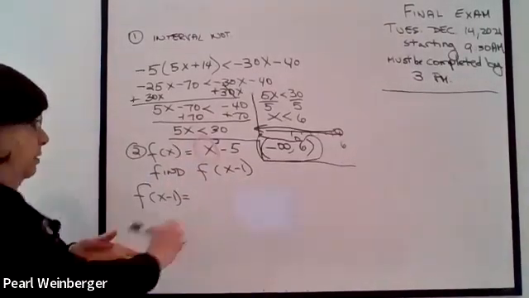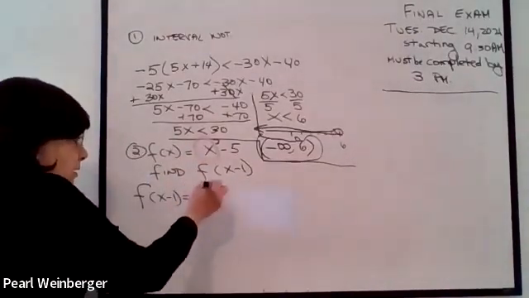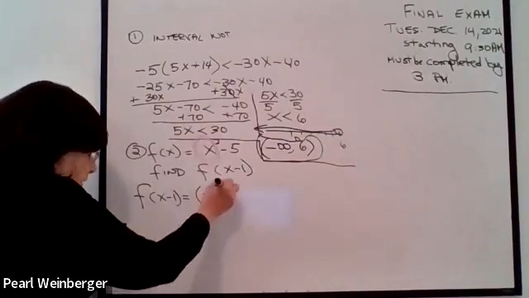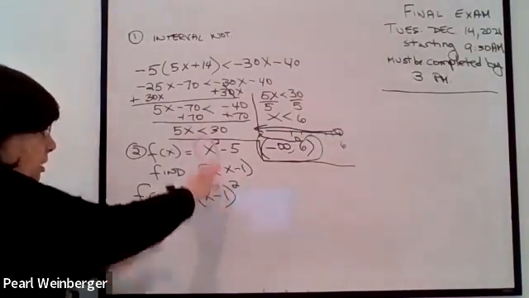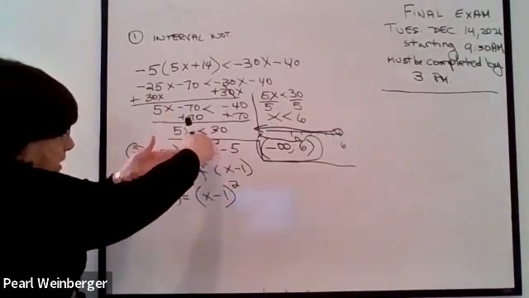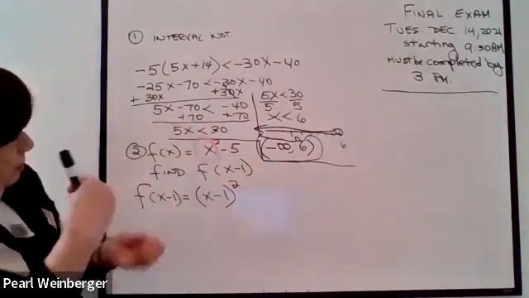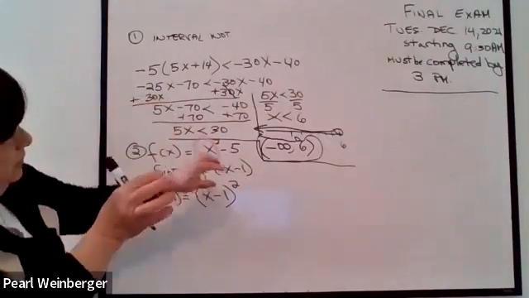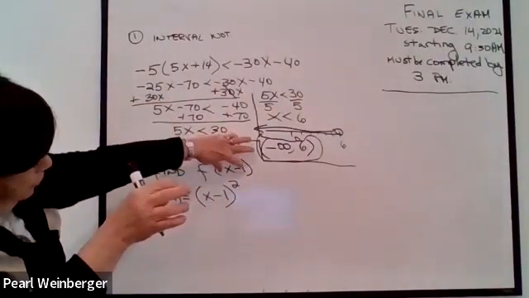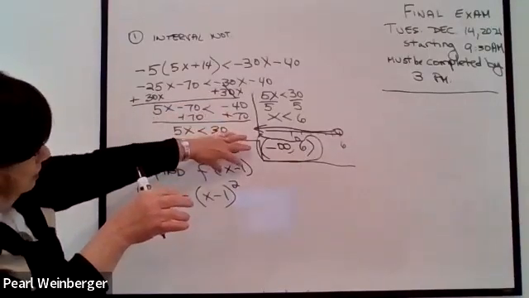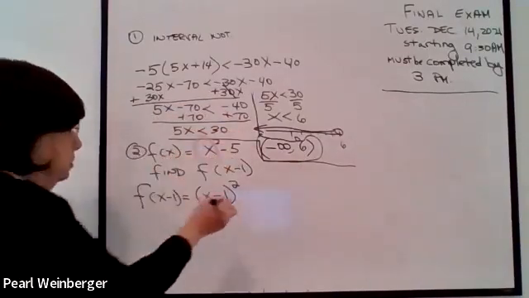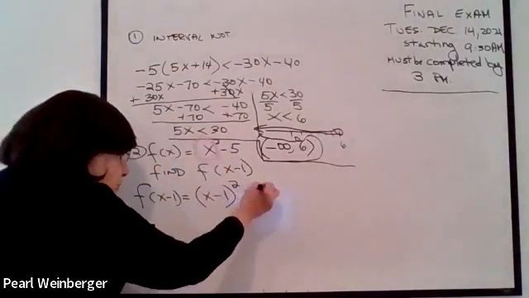In other words, I'm not calling it x anymore, I'm calling it x minus 1. It's going to be x minus 1 squared. I take this x out, leave it as a parentheses, and fill it in with whatever is over here. If this would have been 10, I would have done 10 squared. Since it's x minus 1, we're doing x minus 1 squared minus 5.